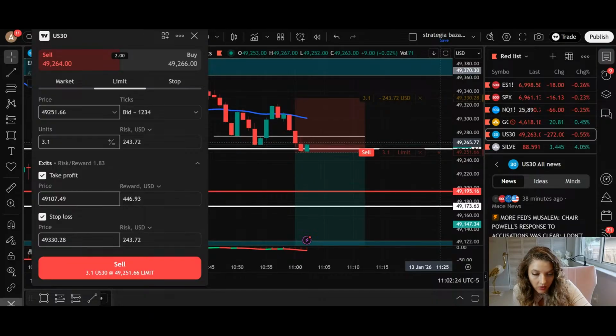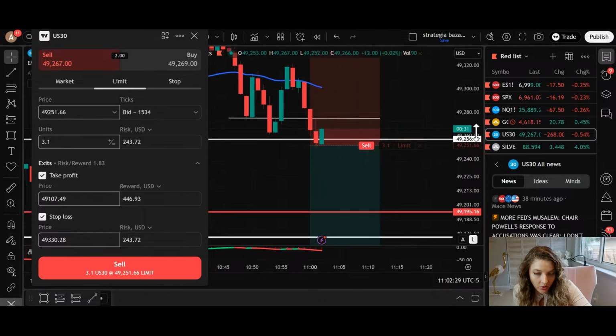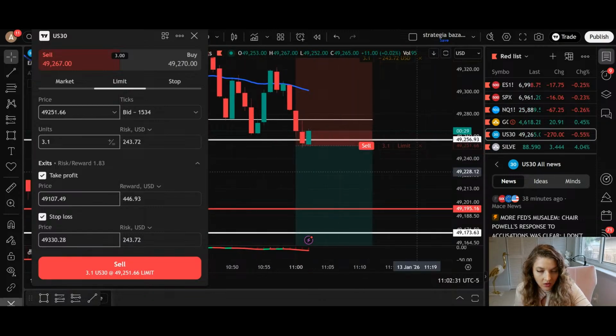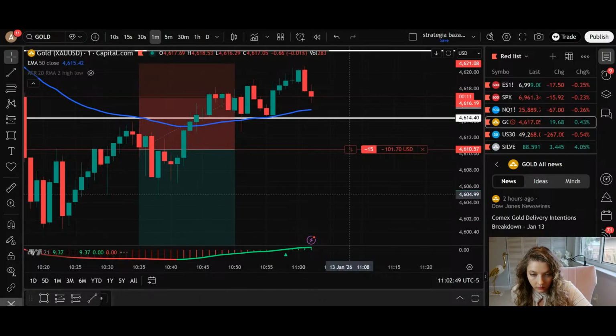So below here, yes, I'm waiting to get in for a short, but I need to break this white line. It's not breaking. Oh yeah, Hardy, you can do a backtest on my entry, please.